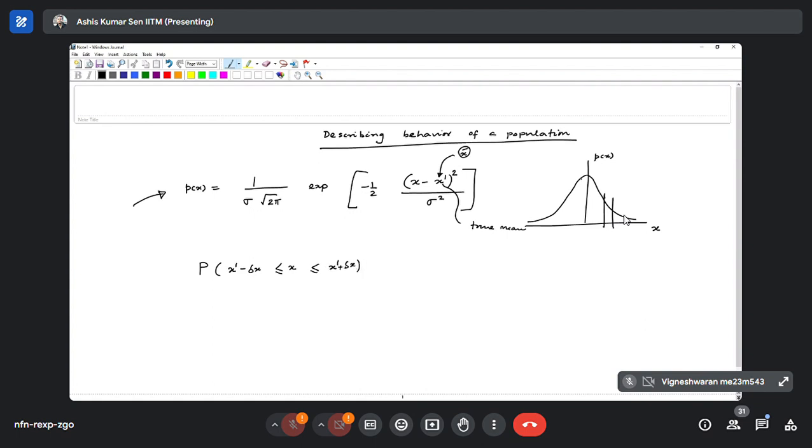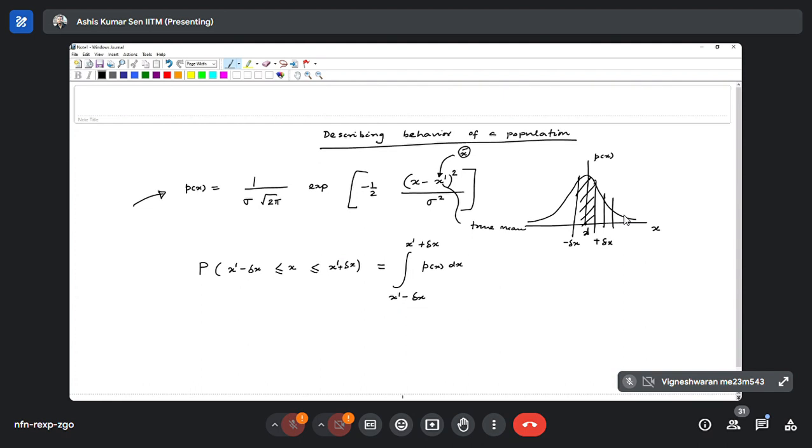Let's say this is your x prime and this is minus delta x, this is plus delta x. So you want to know what is the probability that data is going to lie within this interval. You can find out by integrating p(x) dx from x prime minus delta x to x prime plus delta x.